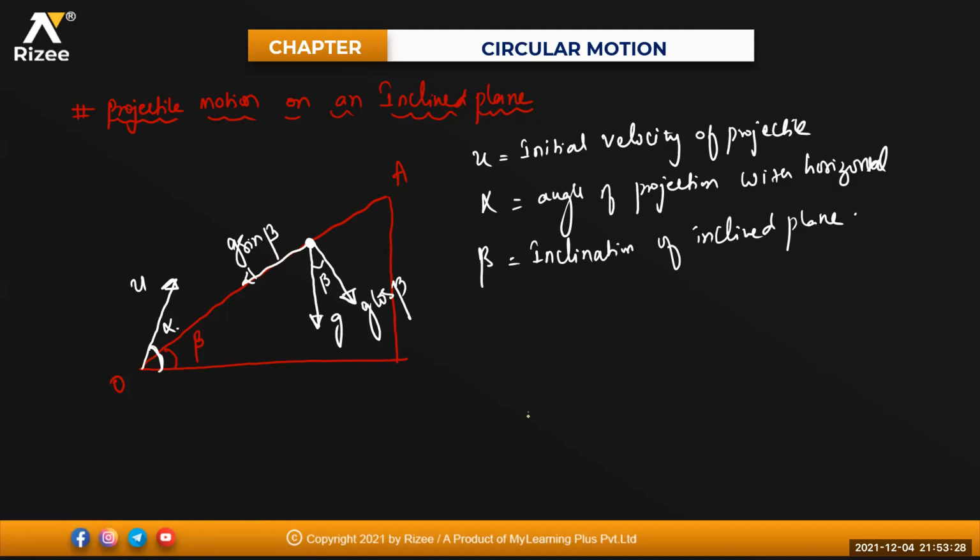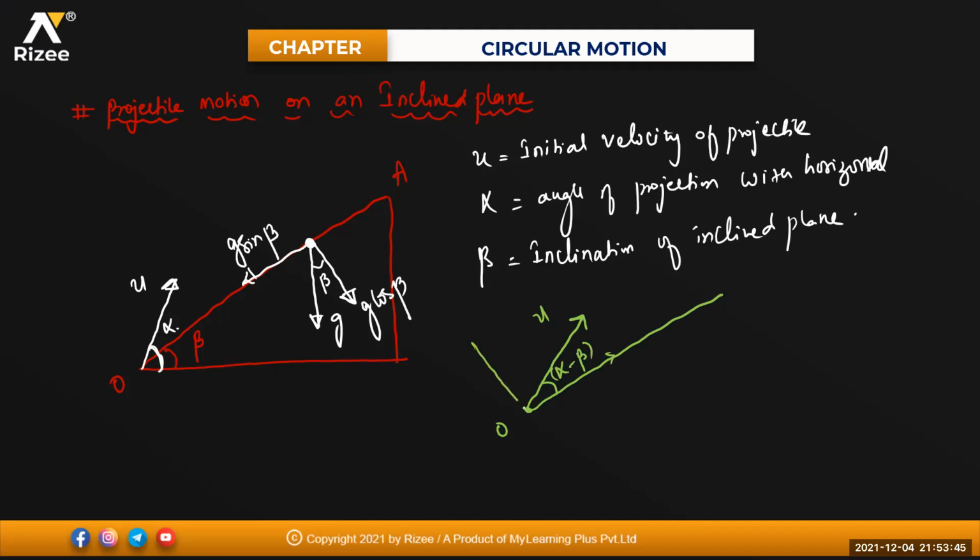Now, for the point O, this is the velocity u with the incline. The angle is how much, beta? Can anyone tell me? Total angle is alpha, so this will be alpha minus beta. Any problem?